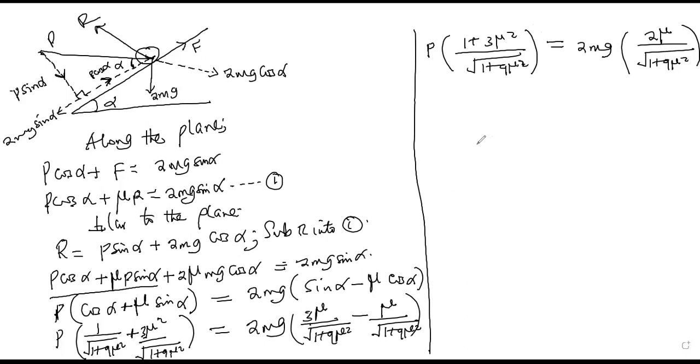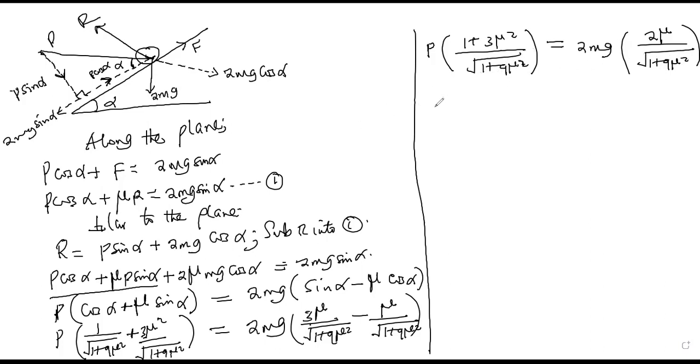Wow, so you see, 1 plus 9 mu squared is available on either side, so it is going to cancel here and here. I've cancelled it, so it is no longer there.